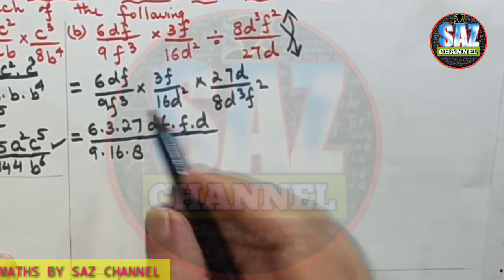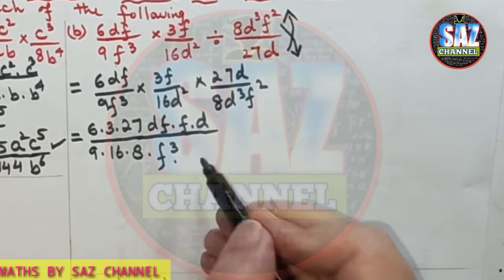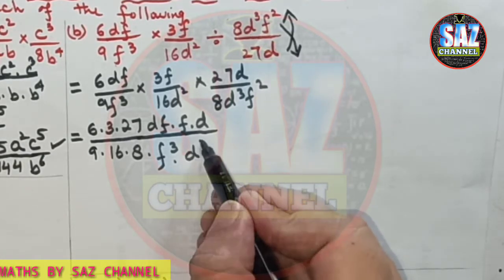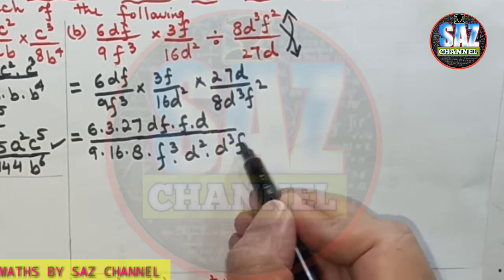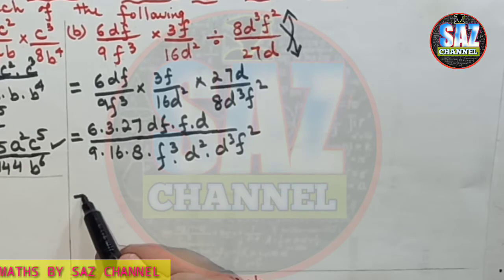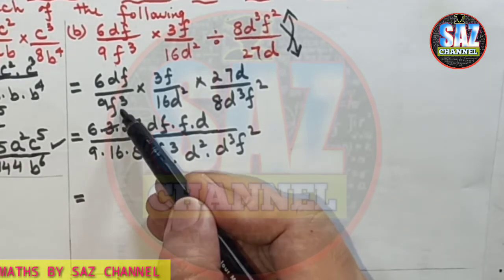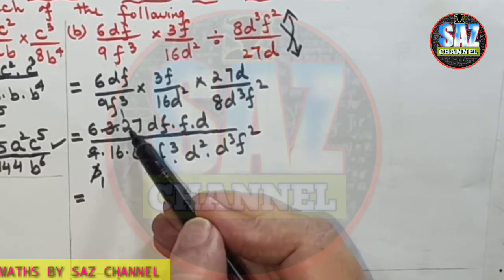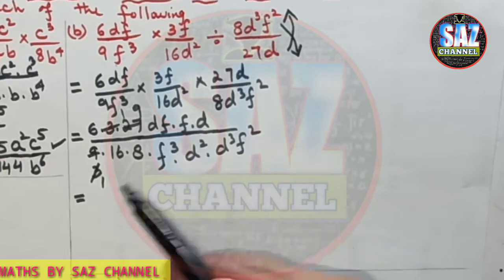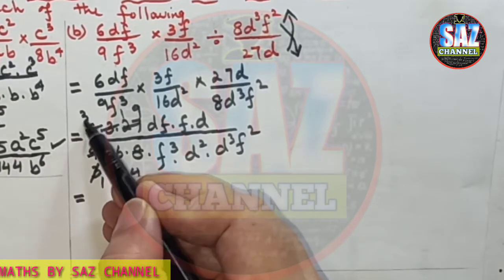Coming to the denominator, I have the variable terms f cube multiplied by d square multiplied by d cube and f square. Now simplify the constants: 3 ones are 3 and 3 threes are 9, 3 ones are 3 and 3 nines are 27, 2 fours are 8 and 2 threes are 6.